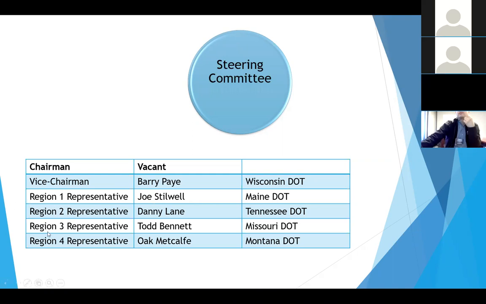And then the same would go for the rest of the regional representatives. That's one of their responsibilities when overseeing their region as part of the steering committee, to be able to communicate with the states within those regions to make sure that NTPEP's meeting the wants and needs of your specific region.